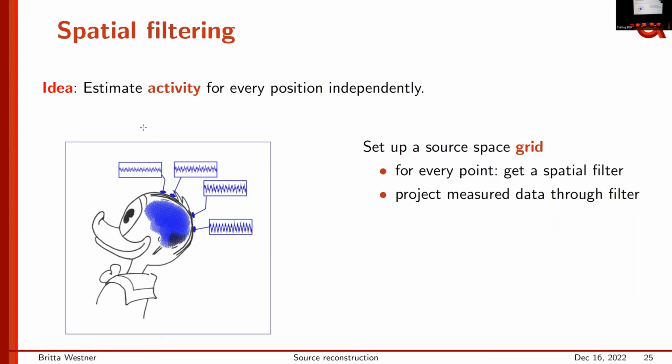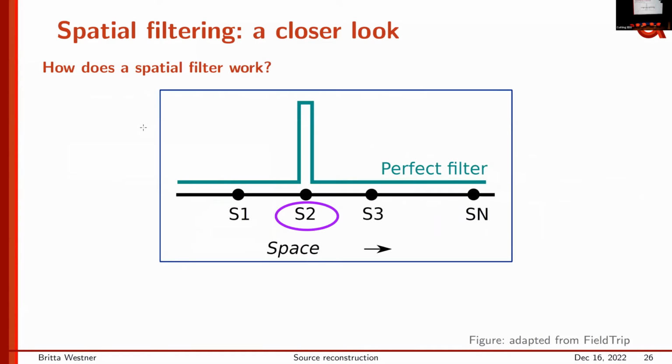And then we just move through the whole brain. So again, this is a perfect filter that would not work in the real world. They would get into conflict with each other. It would be a solution that is, again, ill-defined. But let's nevertheless start with it.